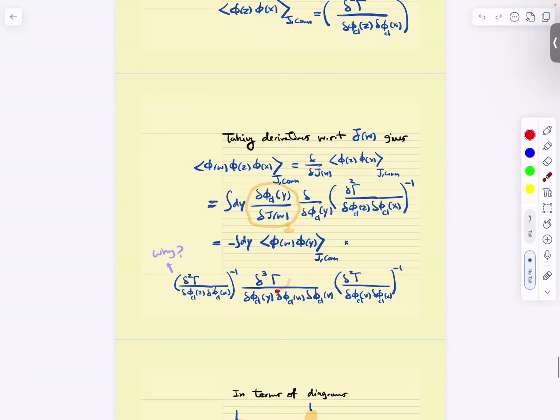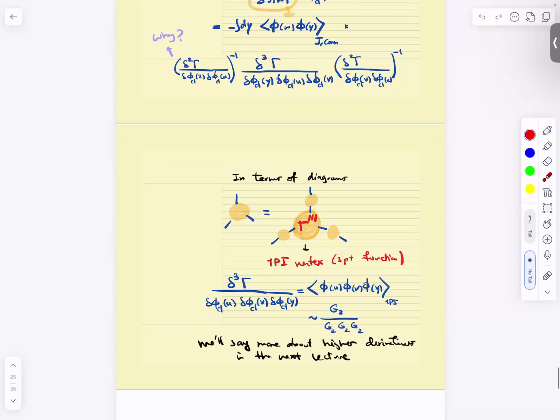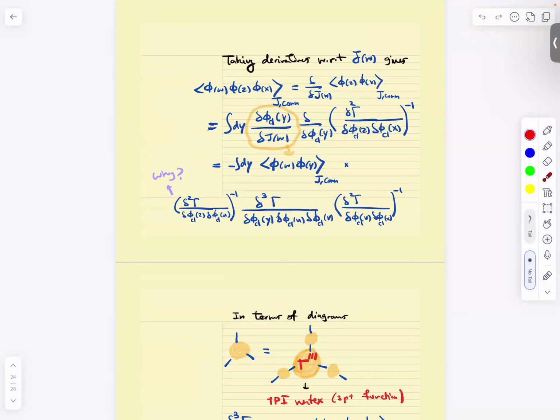So this is a function of x, y, and z, and what is happening is it's sitting. So this is the third derivative of the effective action. The equation is precisely this. Good.